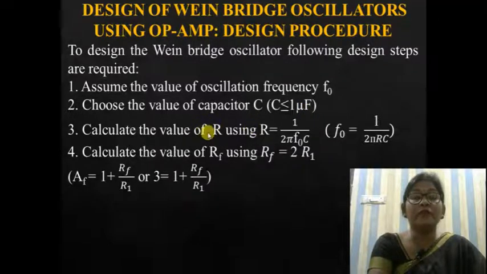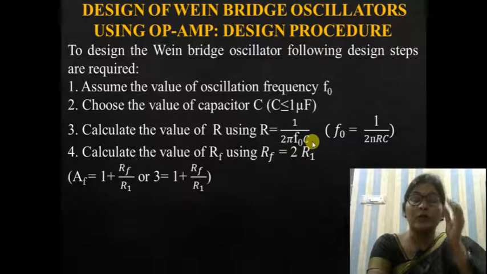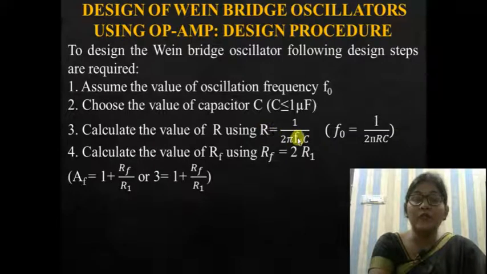Now calculate the value of resistance R. R is equal to 1 upon 2 pi f naught C. You can calculate R using this formula, because in the case of the Wien bridge oscillator the oscillation frequency is equal to 1 upon 2 pi RC. So according to this formula you can calculate the value of R.